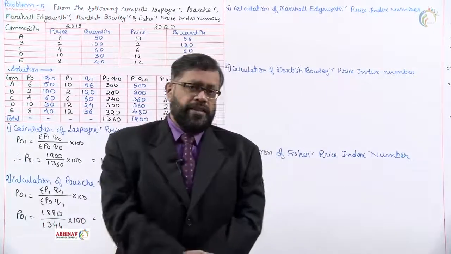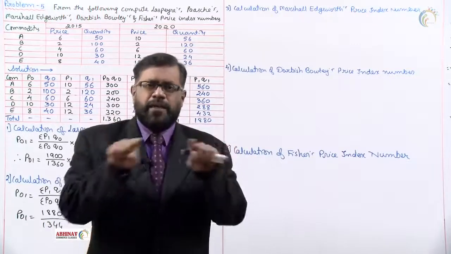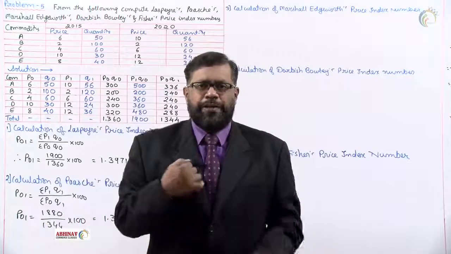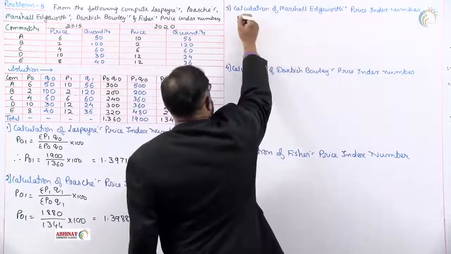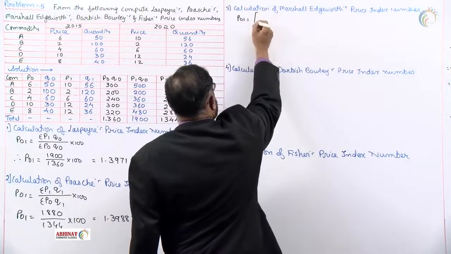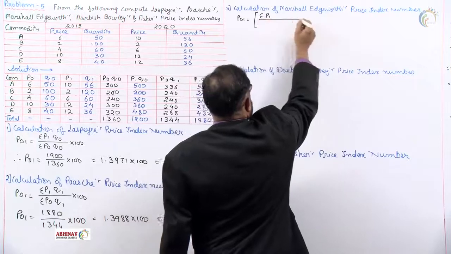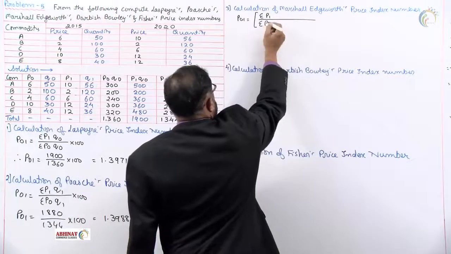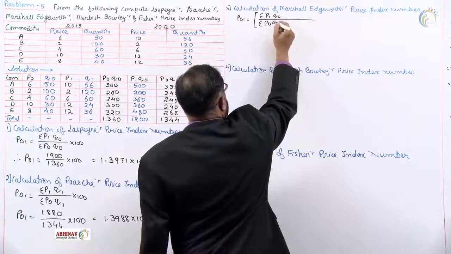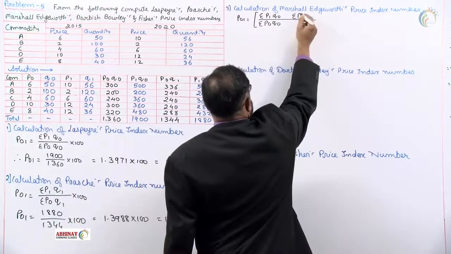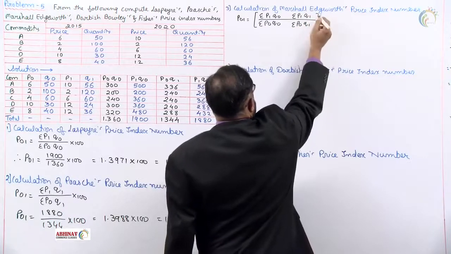Marshall-Edgeworth. How have we learned this in the earlier sessions? First, write down Laspeyres' and Paasche's formula. Add the numerators, add the denominators, and we get Marshall-Edgeworth. Let's see the formula. P01 is equal to, first draw this full line. This is the formula for Laspeyres': P1 upon P0 multiplied with the quantity of base year. Paasche's: P1 upon P0 multiplied with the quantity of current year.